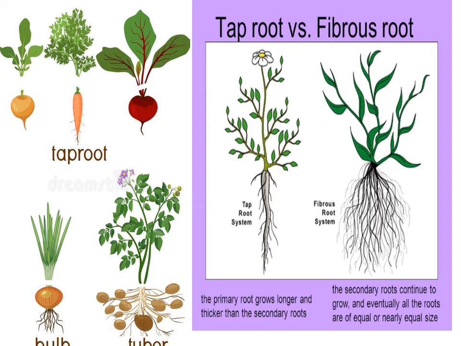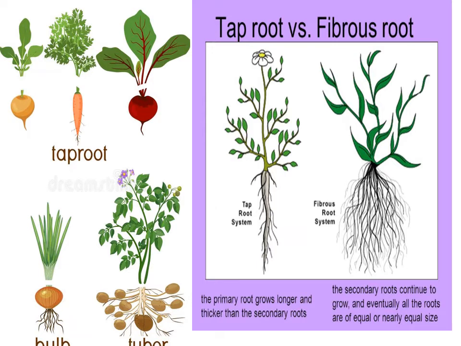Let's begin with the root system. So the root system is divided into taproot system and the fibrous root system. What is a taproot system? The taproot system consists of a thick main root which grows from the base of the stem.